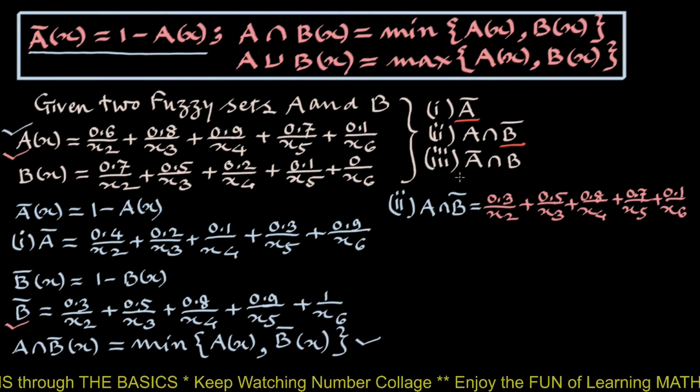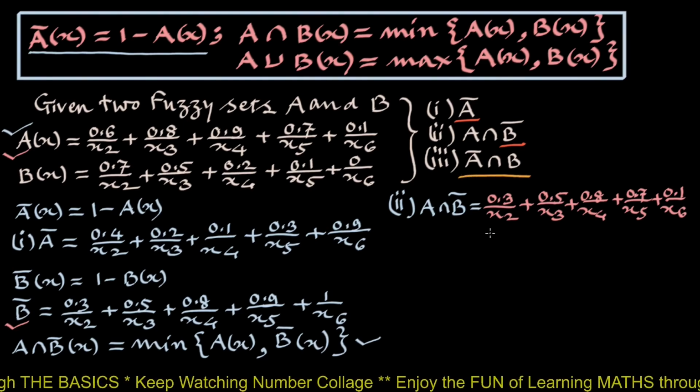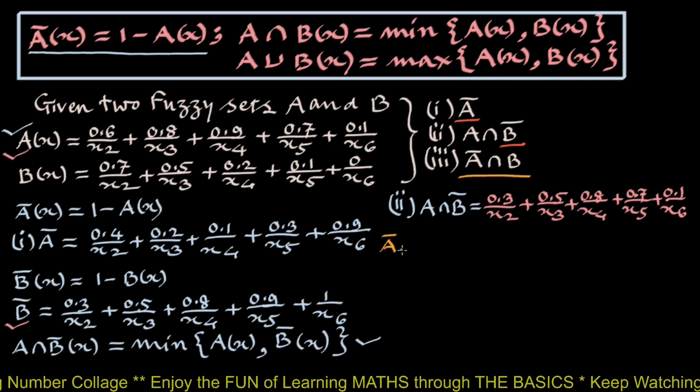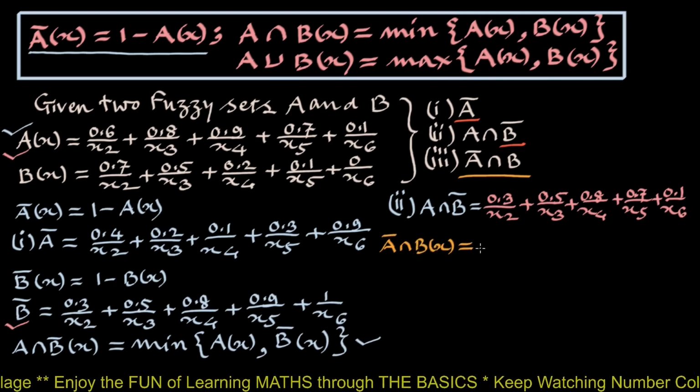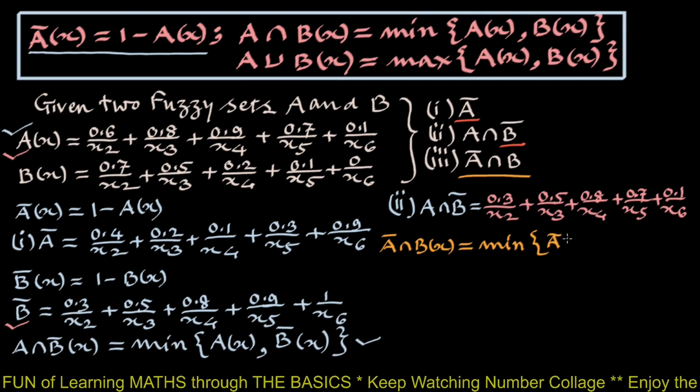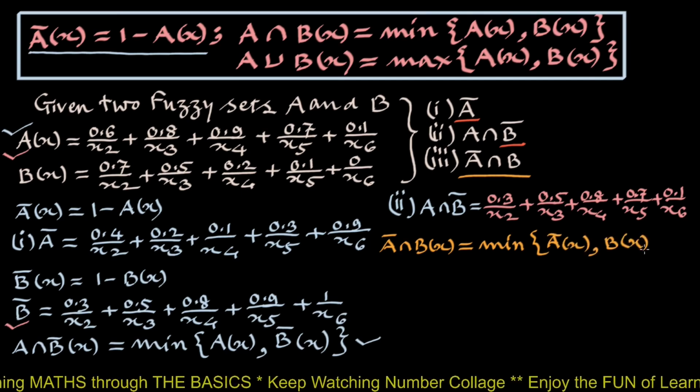Now for the third answer, A bar intersection B, we need A bar intersection B x, which is minimum of A bar of x and B of x.